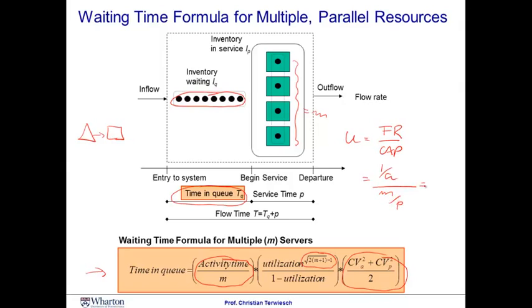So you can see here that I can simplify the utilization to P divided by A times M. So when you interpret this formula, be careful in the sense that the utilization is also a function of M. So do not just look at this equation and say, oh, that makes sense, M is driving down the time in the queue. M is also sitting in the utilization over here and over here.